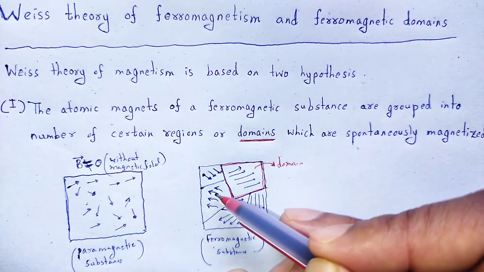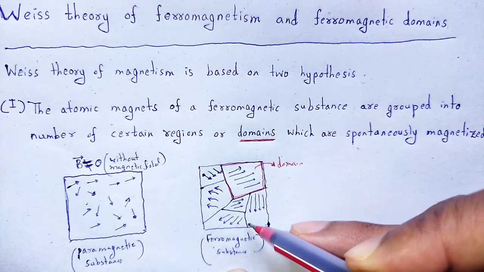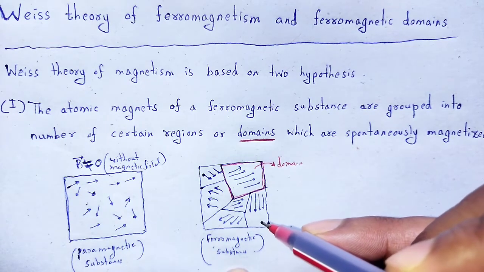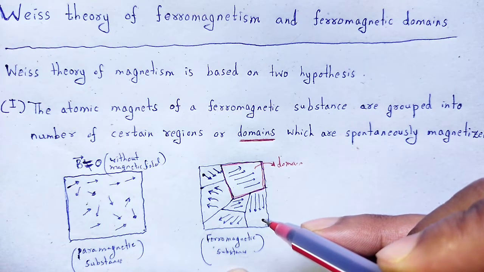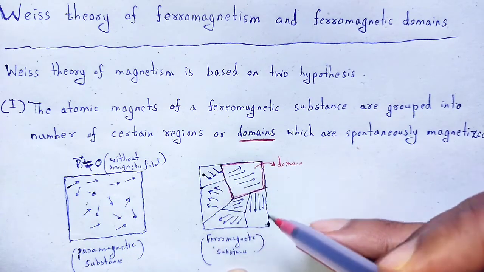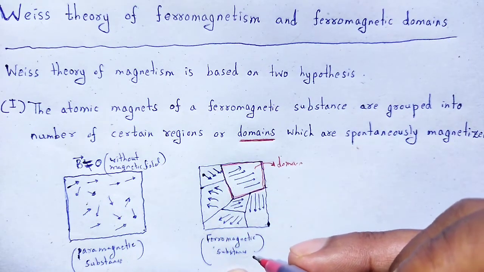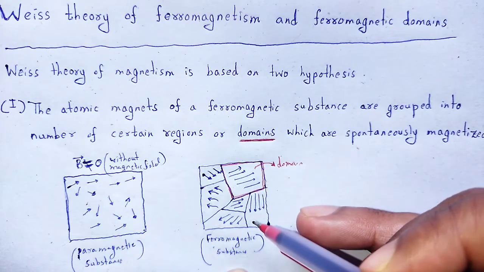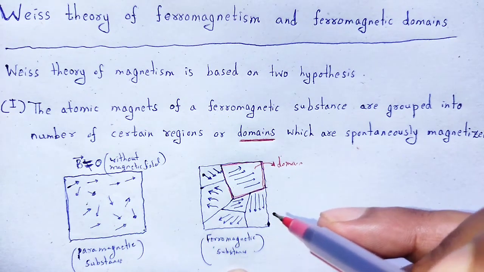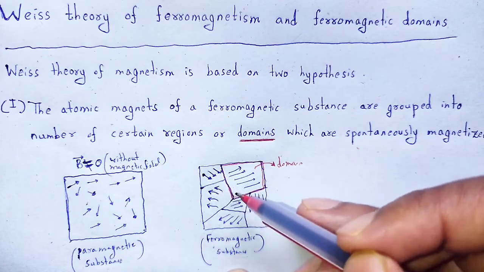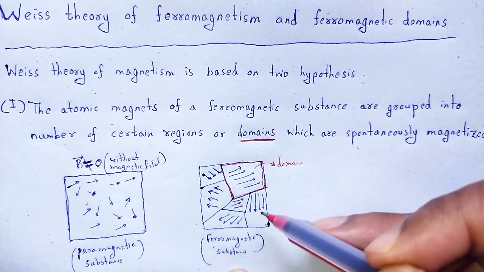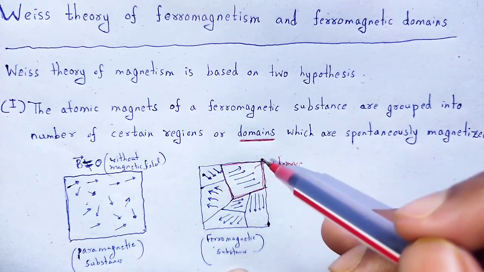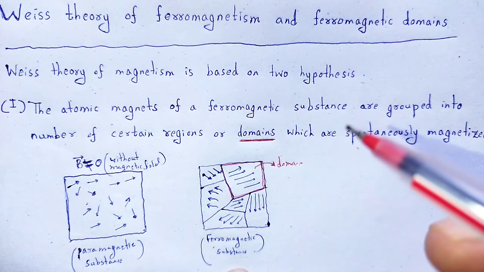There will be one direction here, and another direction there. Therefore, in the normal state of a ferromagnetic substance, when the external magnetic field is absent, the different domains are randomly distributed. Hence, their net magnetic moment is 0.